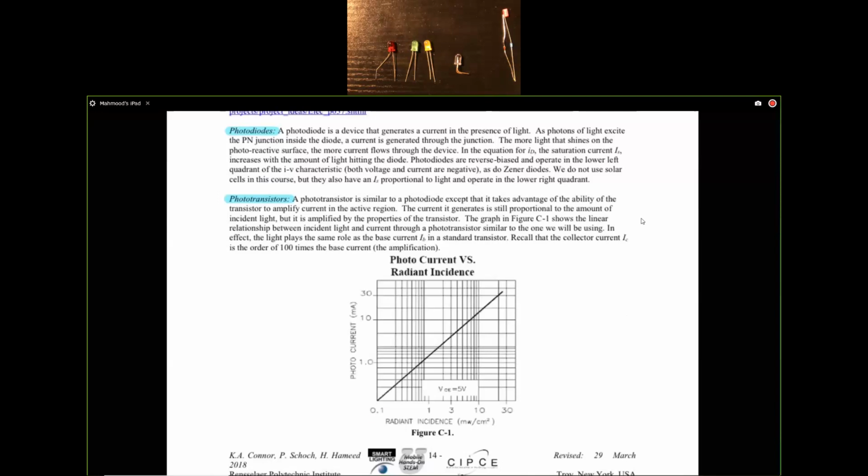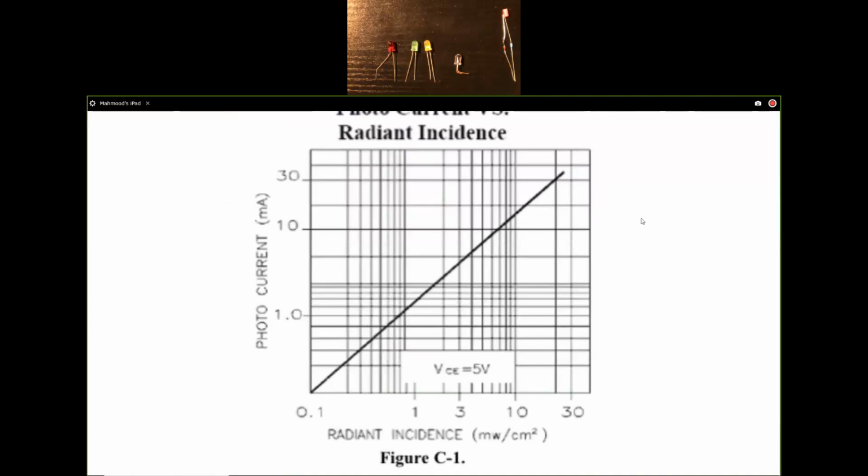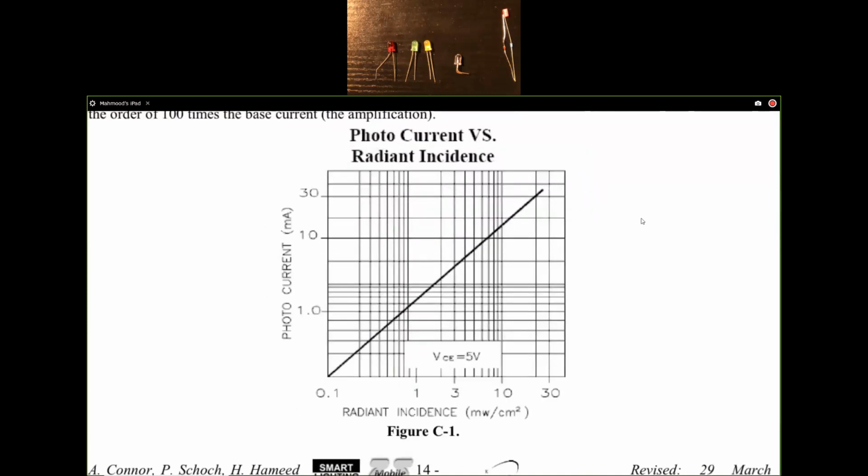As you can see on this graph here, both X and Y are on a semi-log scale. On the x-axis, we have the radiant incidence, so that's the intensity of the light that is falling on the phototransistor. And on the y-axis, we have photocurrent. So as you can see, more light, more current will flow through.